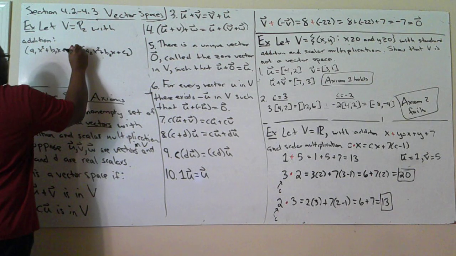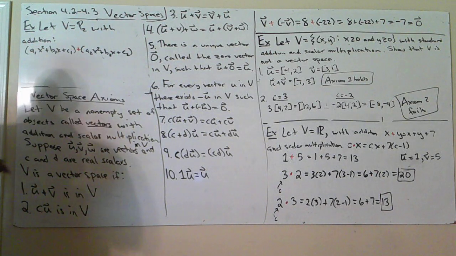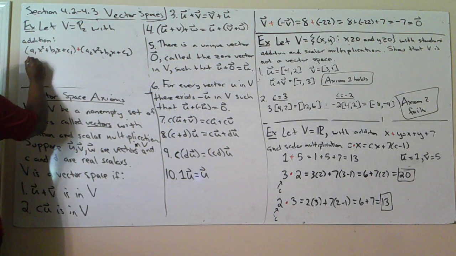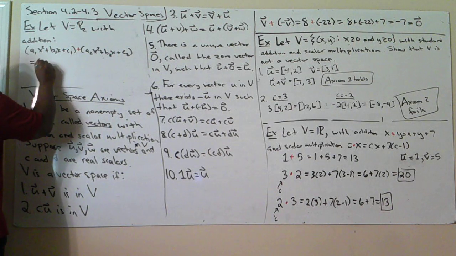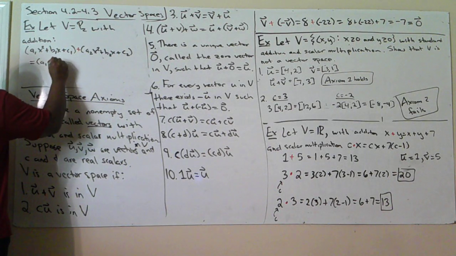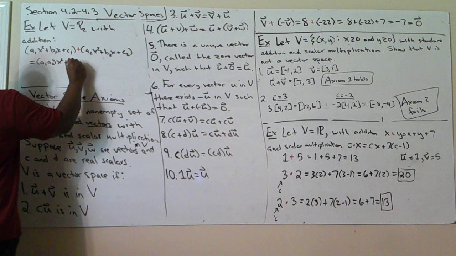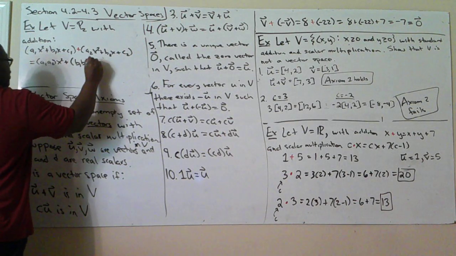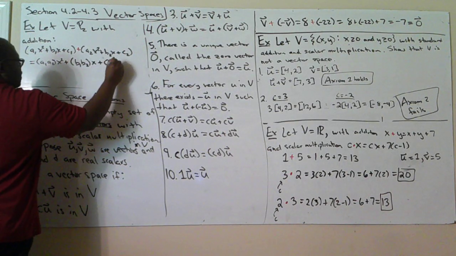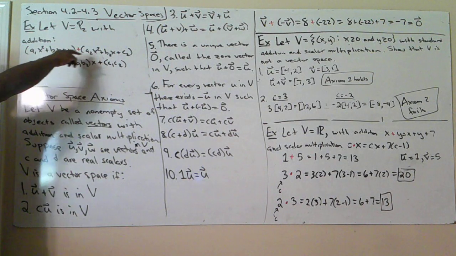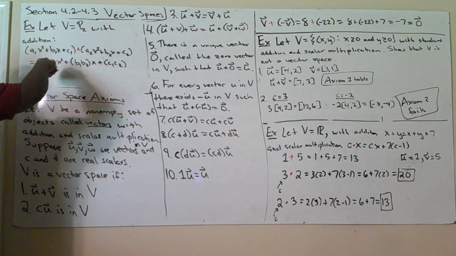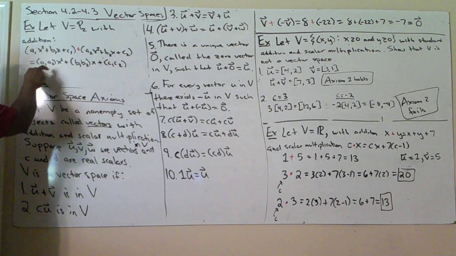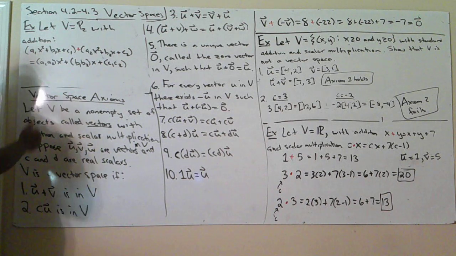I'm trying not to erase anything, so I apologize. This is equal to a1 a2 x squared plus b1 b2 x plus c1 c2. So essentially when I do addition of these two polynomials, what I'm going to do is end up multiplying their coefficients together.